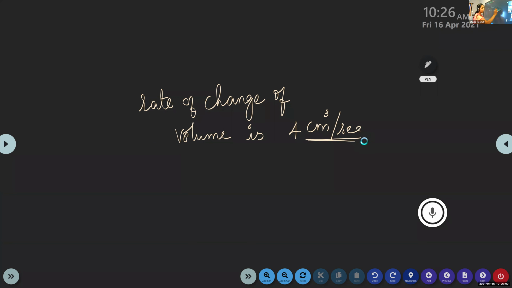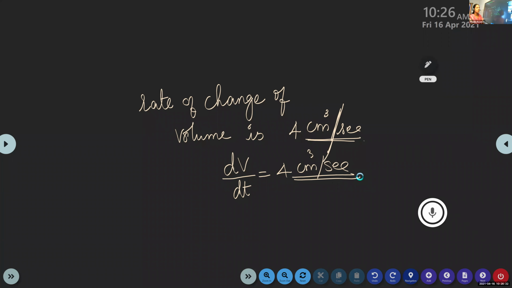It is given as centimeter cube per second. So volume is changing with respect to time. That means dV by dt is 4 centimeter cube per second. These units are very important when we use rate of change of quantities. From the units only we will understand whether it is with respect to time or with respect to radius.